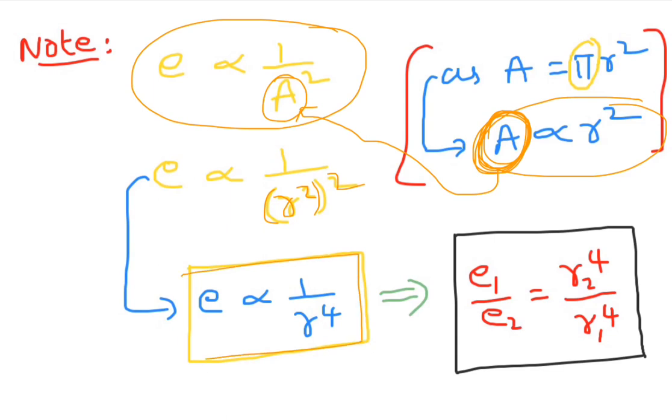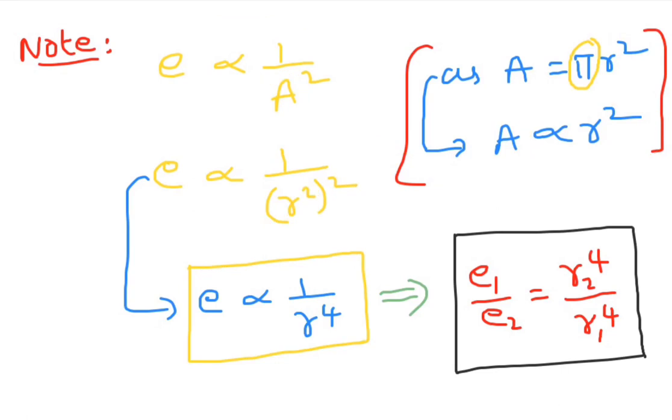So I will get finally E is proportional to 1 by r power 4. So from this formula you can say E1 by E2 is equal to R2 power 4 by R1 power 4, reciprocal. This is the formula. I hope you are clear with this one now.